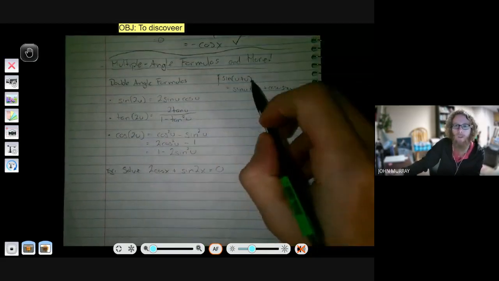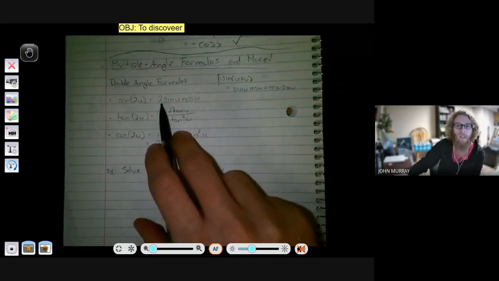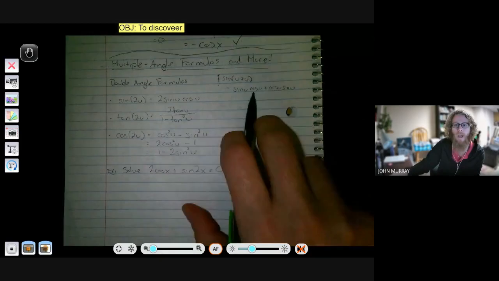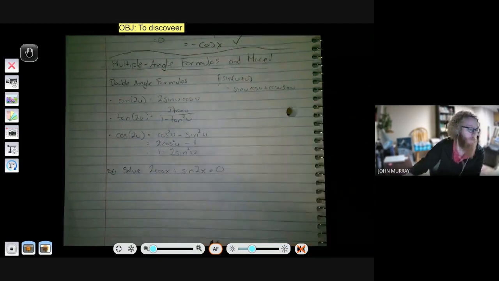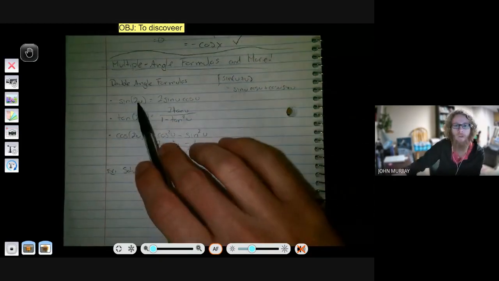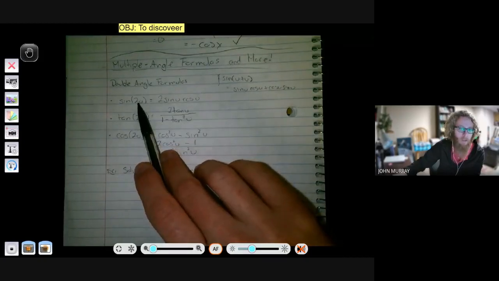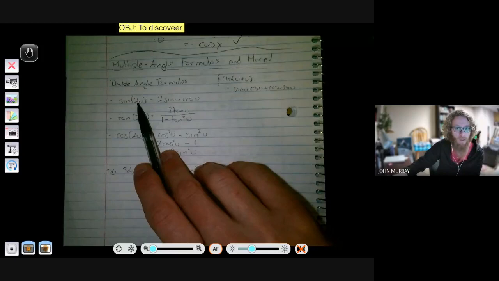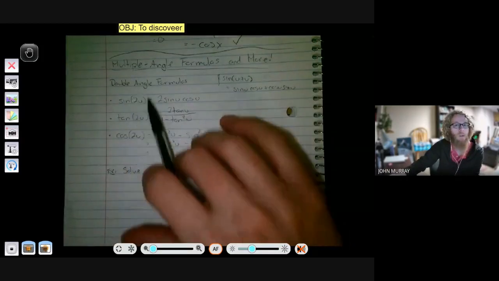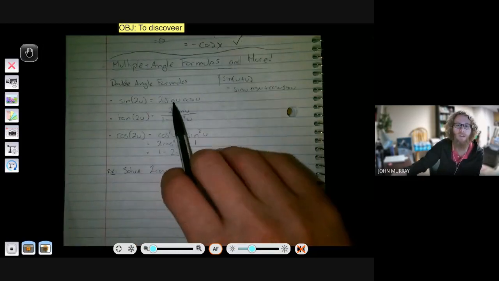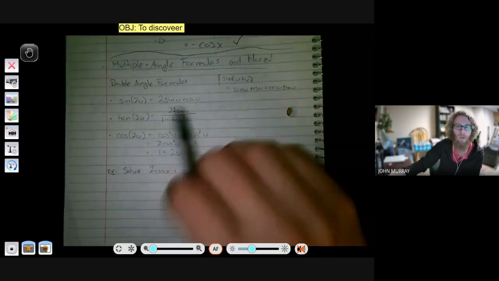That's what 2u is, u plus u. I can reduce that to 2 times sine u times cosine u, because we have that twice. Okay, so sine of 2u, if for some reason you didn't have a calculator or you needed to expand it, if you don't want to deal with the double angle inside, you can make it 2 times sine u times cosine u.